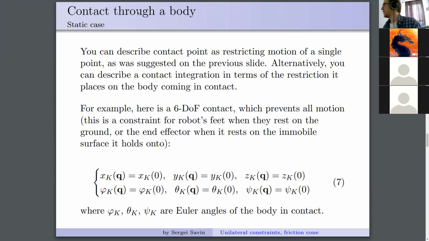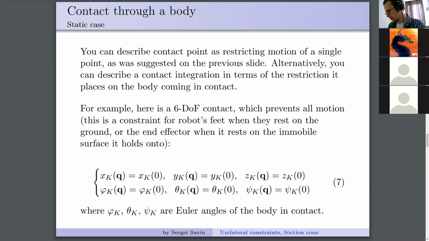Your foot can still slide relative to the ground. So then you're not going to lose 6 degrees of freedom. But if your foot is firmly placed on the ground, you're going to lose 6 degrees of freedom.